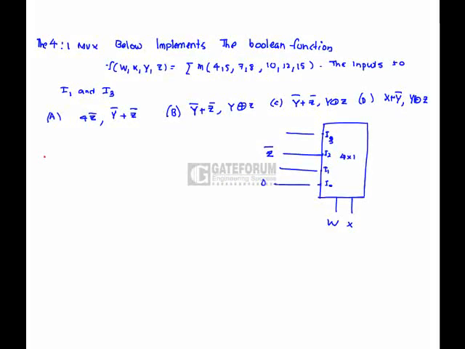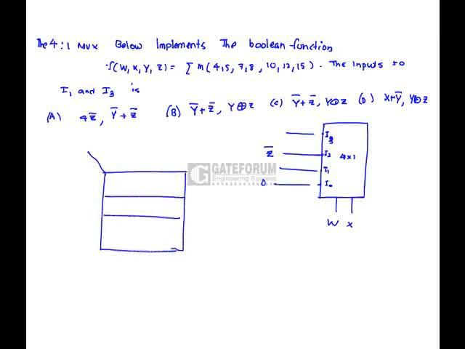The 4:1 mux below implements the Boolean function which is shown below. The inputs to I1 and I3 are... If you want to solve, out of the 4 variables, 2 variables are connected to the control lines. So by using a K-map, we can easily handle this. WX, YZ.